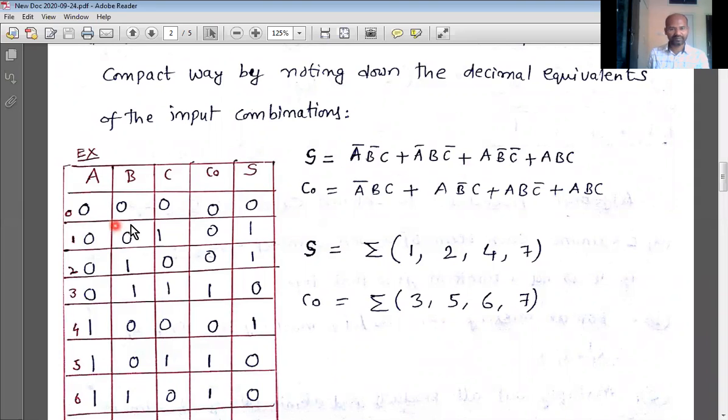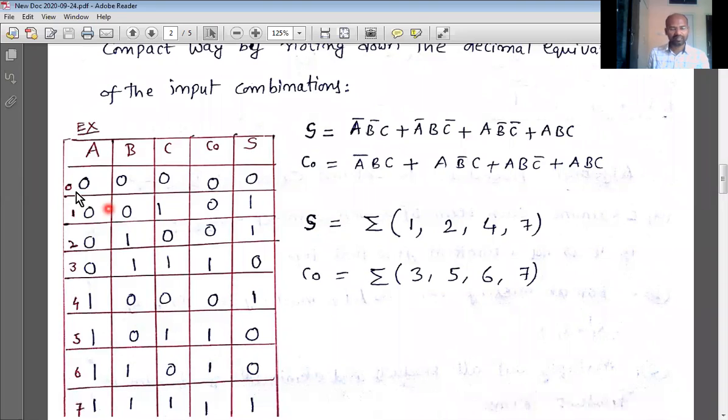For that, we are giving a decimal representation for all the input combinations. For this input combination, what is the decimal representation? 0, 0, 0 is nothing but 0. 0, 0, 1 is nothing but 1. So for each combination, you write down the decimal representation. We use decimal representations in the compact form instead of using the literals, the minterms.